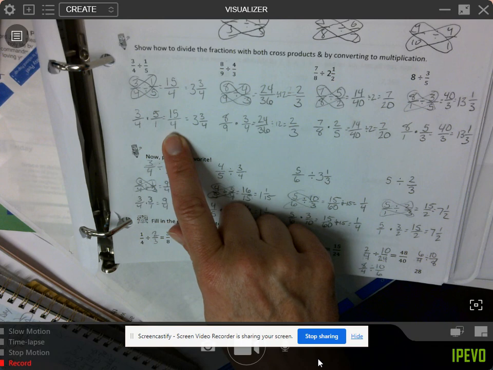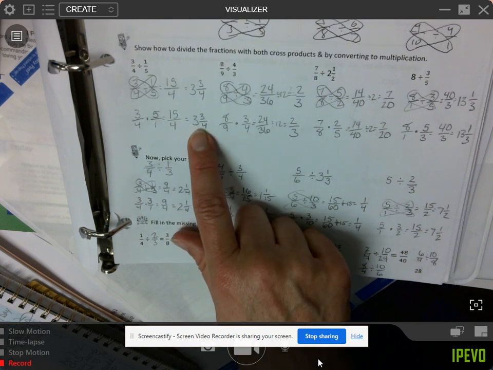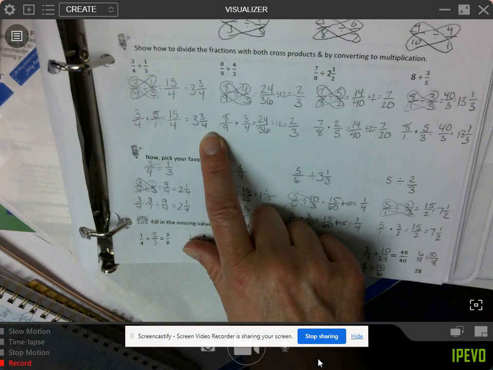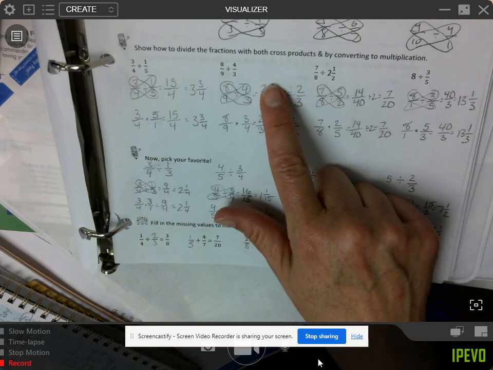Did I say we had to go to mixed number? Or am I accepting just the improper? What did I say yesterday? I don't remember either. So 15/4, which is 3 3/4. Our next one, it was 24/36.